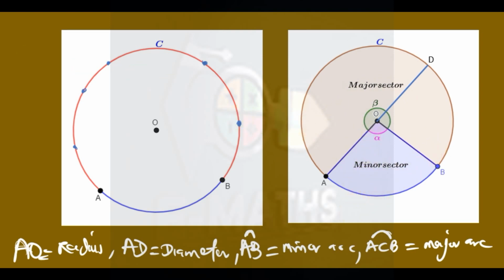With that, let's now write the formula for the length of arc and area of a sector.